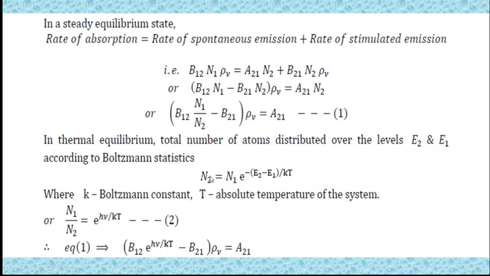Rewriting this, we get N1 by N2. This will move to the other side, minus becomes plus. Therefore, N1 by N2 equals exponential h nu by kT, where E2 minus E1 is nothing but h nu. Substituting this in equation 1 for N1 by N2, equation 1 becomes B12 exponential h nu by kT minus B21 into rho nu, that is equal to A21.